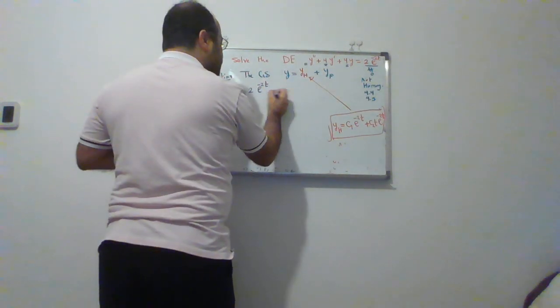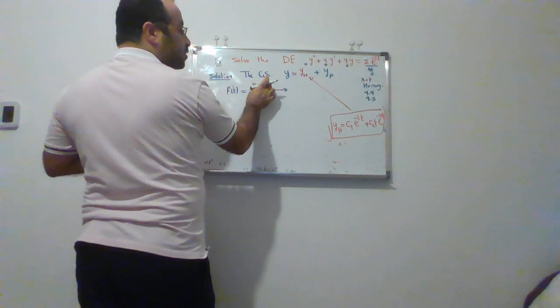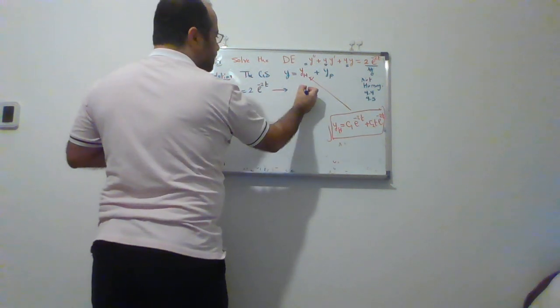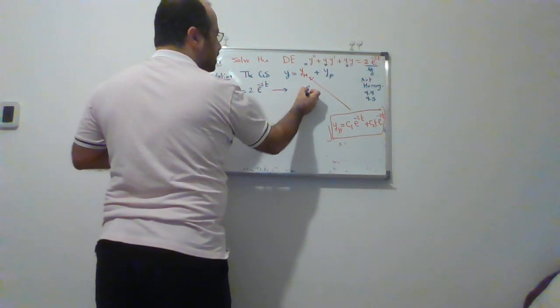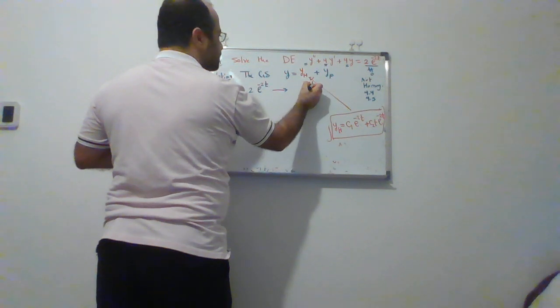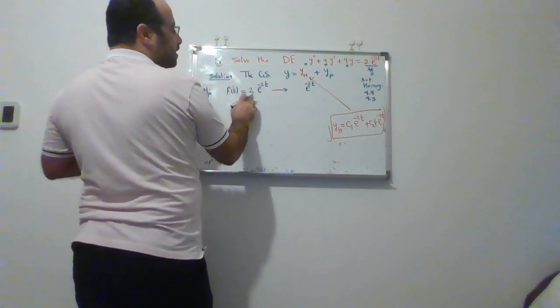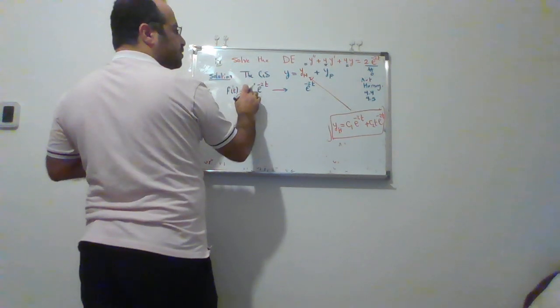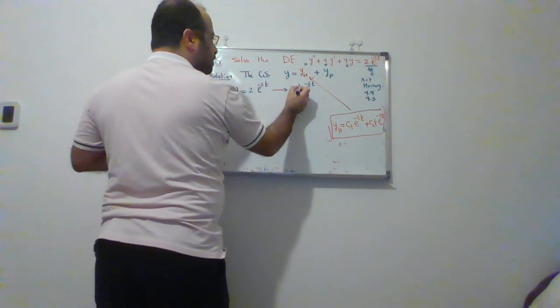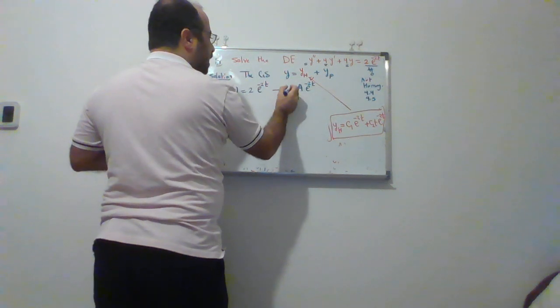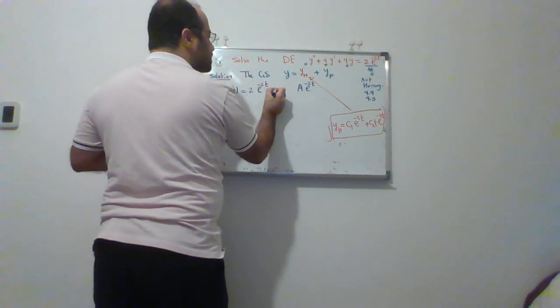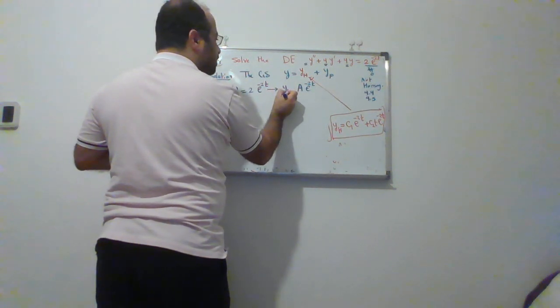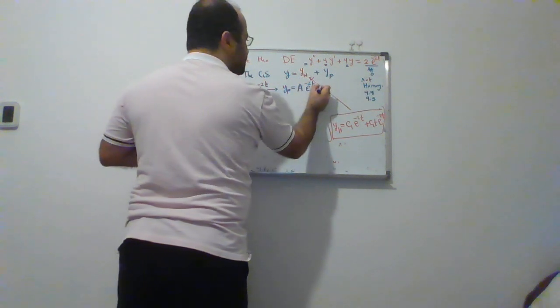Now, I told you that the exponential will stay as it is. So you're going to get e minus 2t, right? The only thing that you are not sure about is the 2. Then I told you, you put a constant called a. And this is a first guess. So this y particular is my first guess.